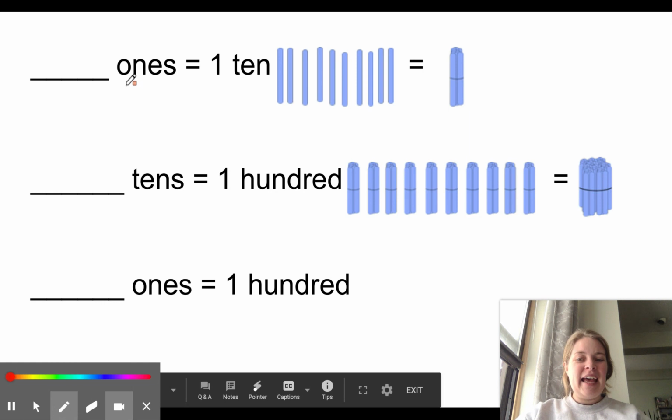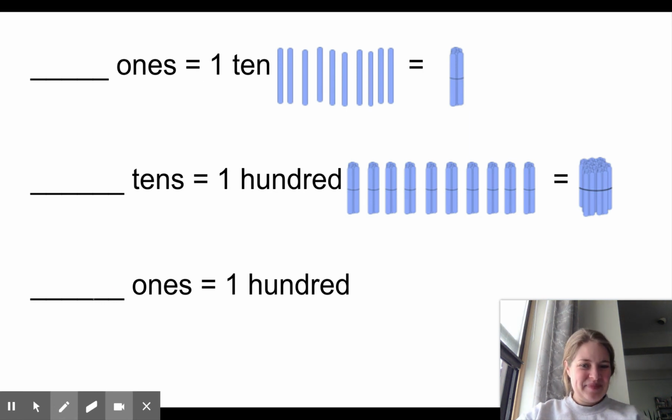How many ones equals 10? 10 ones equals 10. We know that if we count 1, 2, 3, 4, 5, 6, 7, 8, 9, 10, we get a 10 and we can bundle it up.